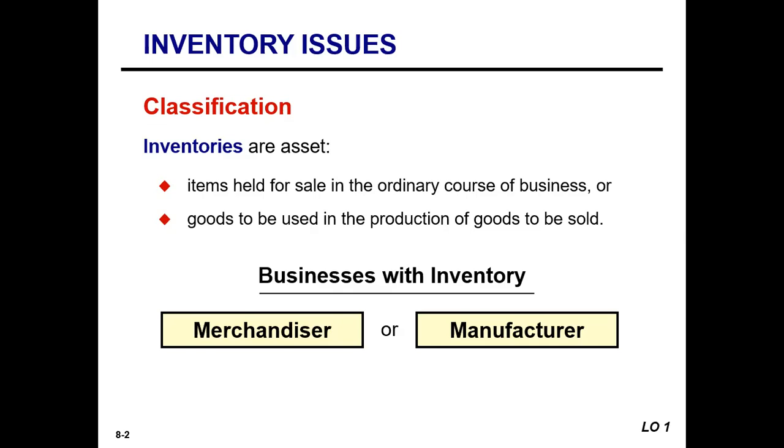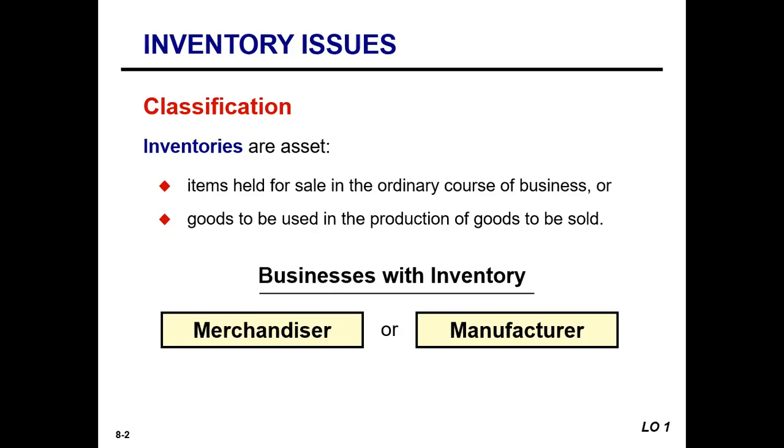In the former, items held for sale in the ordinary course of business, this is a merchandiser, right? A merchandiser buys goods and products and then resells them, hopefully for a profit. They buy directly from the manufacturer or from a distributor, and then they resell to the consumer.